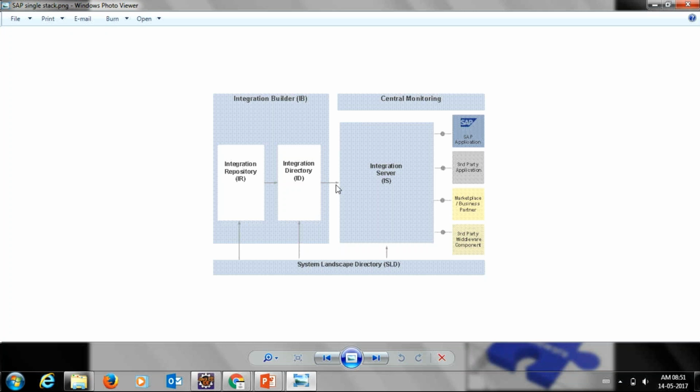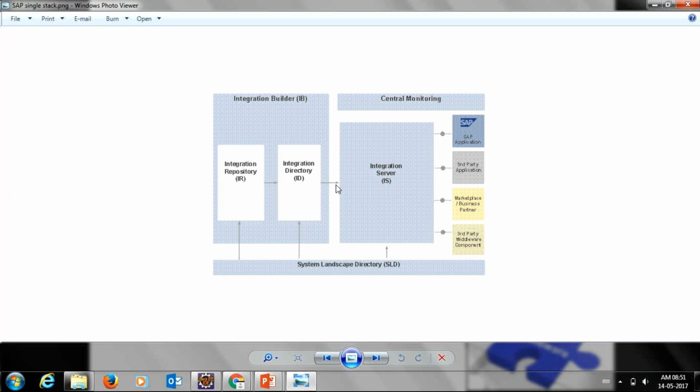Companies, which means your clients, have invested heavily in this software. They have been using it for quite a bit of time. There are so many interfaces which have been created on PIPO.